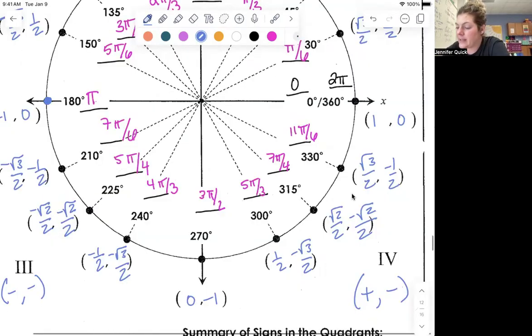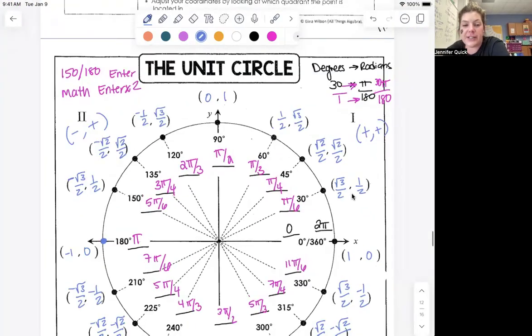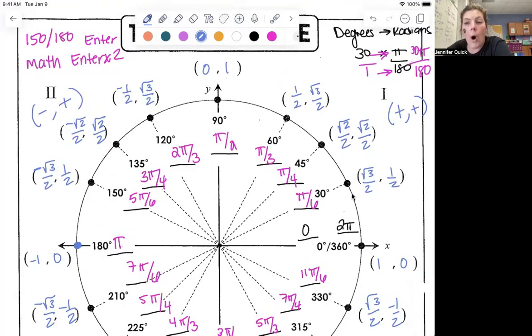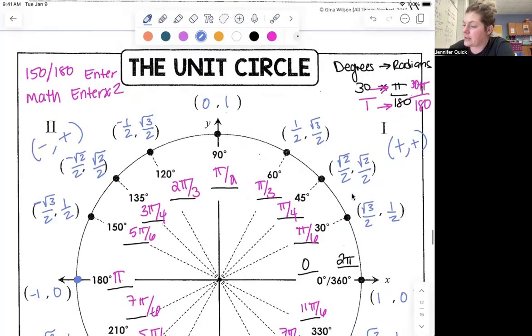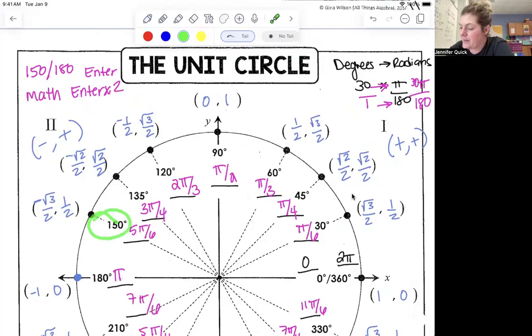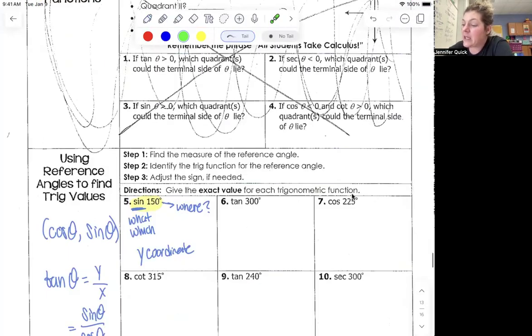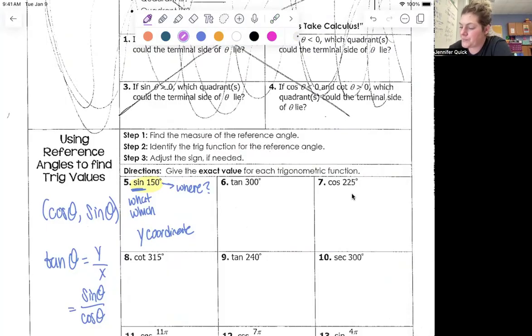So I'm going to find 150 degrees and I want the y value from there. I found it. Here's the 150. Here's the y value. So my answer would simply be 1/2. What value are you looking for and where?